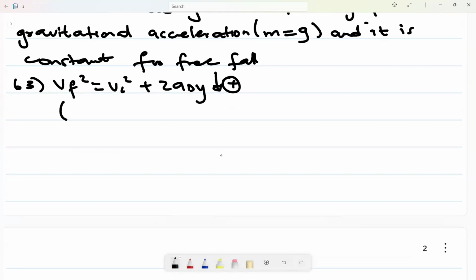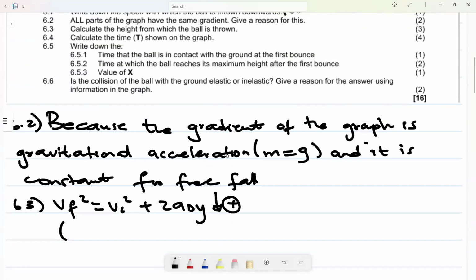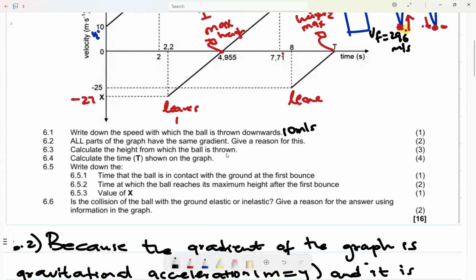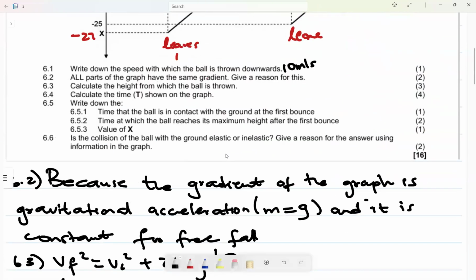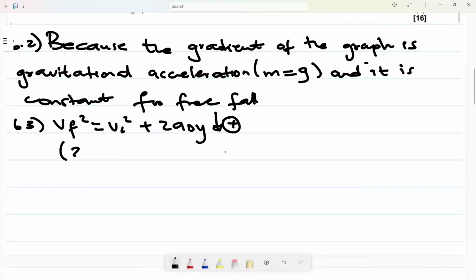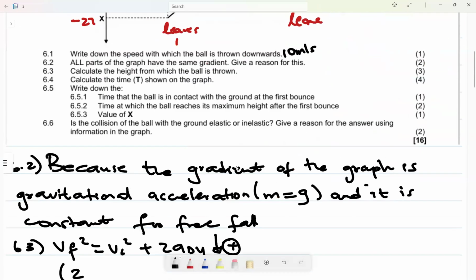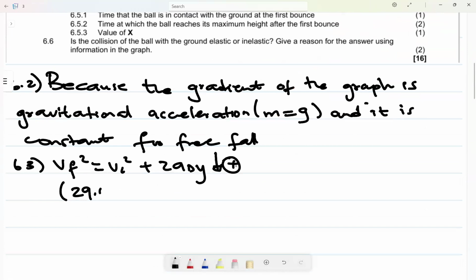So my final velocity here is 29.6 squared, and it is going downwards. Initial velocity is 10 squared plus 2 times acceleration 9.8.